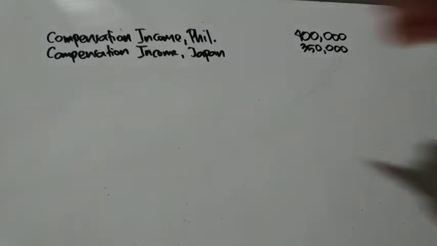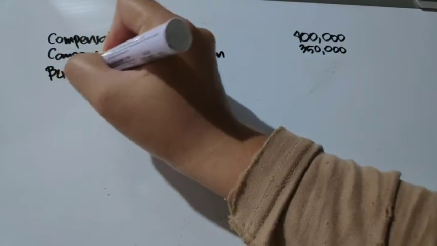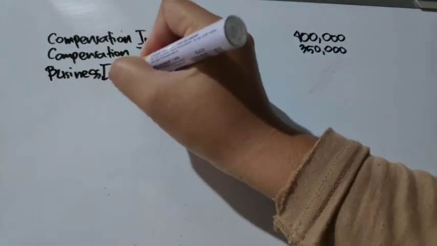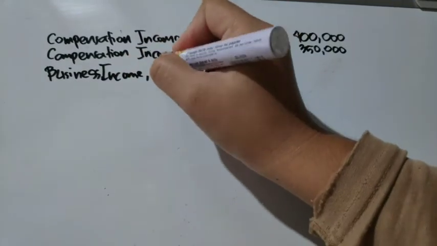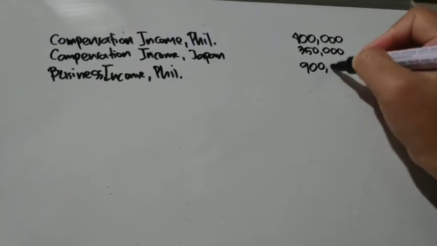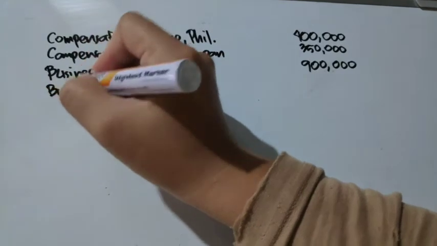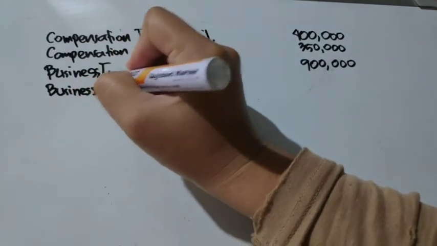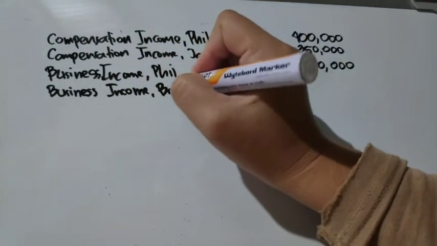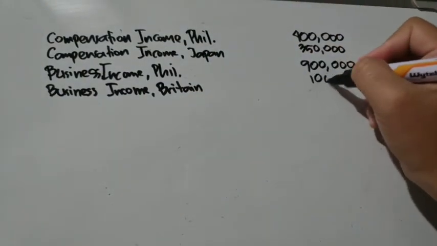Okay. Next income is for the business income. So yung compensation income is as an employee yan. And then for the business income is the operated business, okay, in the Philippines, which is 900,000. Next is the business income in Britain in the amount of 100,000.